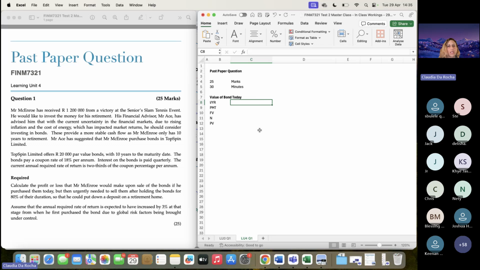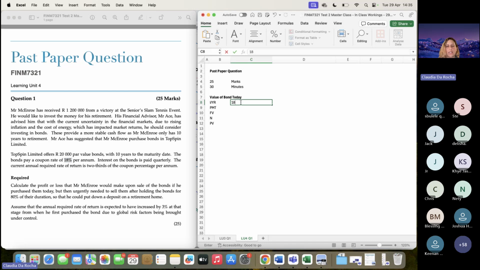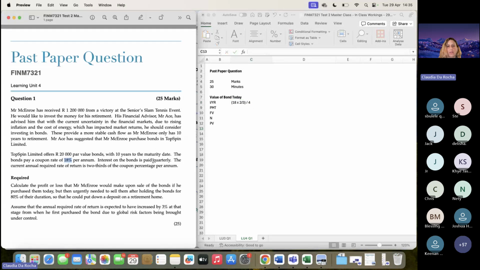Okay. So our interest per year is the required rate of return. The required rate of return, they said, is 2/3 of the coupon rate. So we know that it's 18, the coupon rate, because they said it here. There it is, the 18%. So it's 18 times 2 divided by 3, because 2/3. But then what we also need to do is we've also got to divide it by 4. Why? Because we have compounding. Okay, it's paid quarterly.